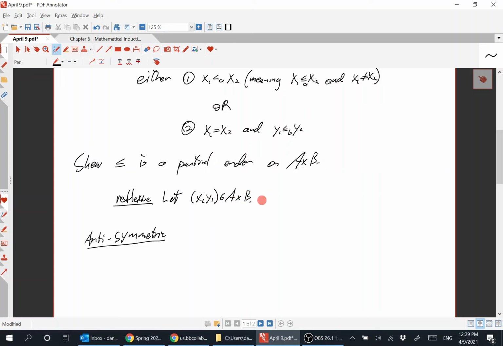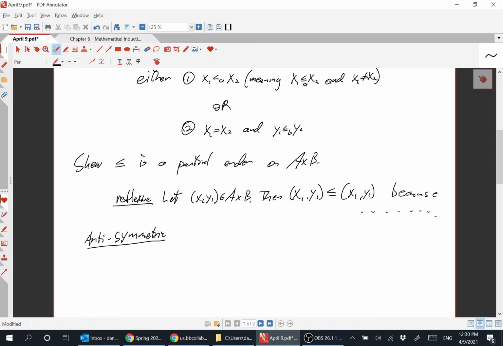Then x1, y1 is less than or equal to x1, y1 because, done. Okay, so that should be the way it looks.